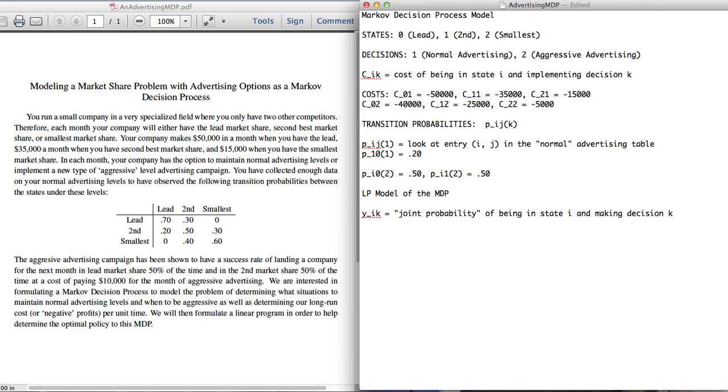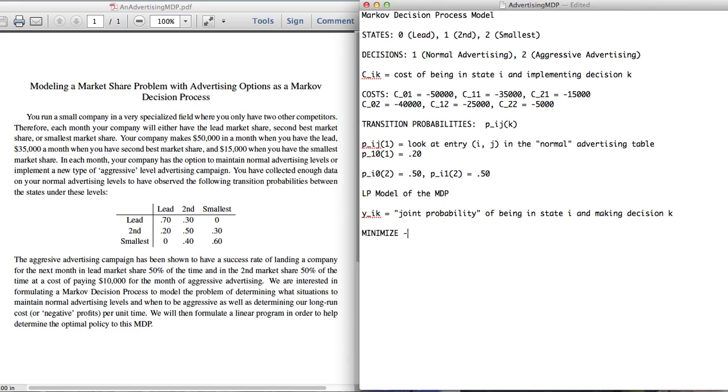So our objective in our LP, given these decision variables, is to minimize our long run costs. We're taking the y_ik's and multiplying them by the c_ik's.